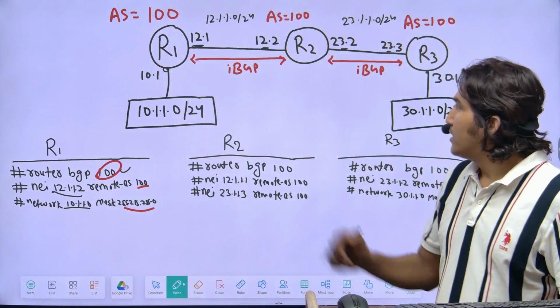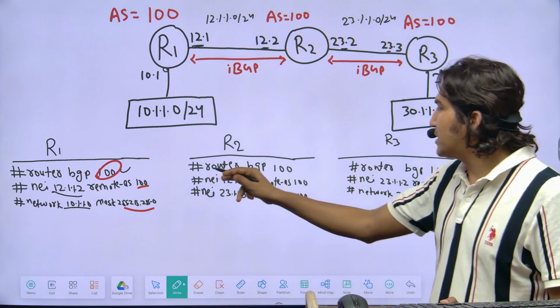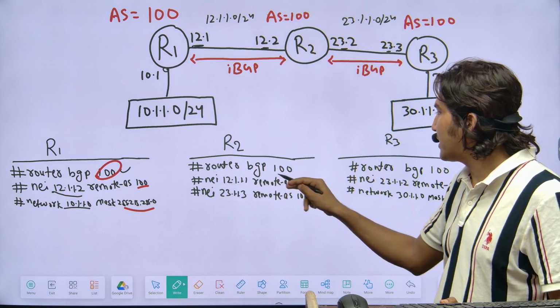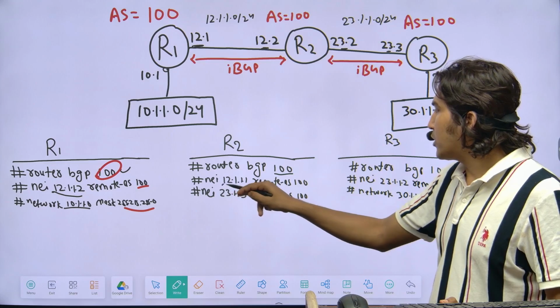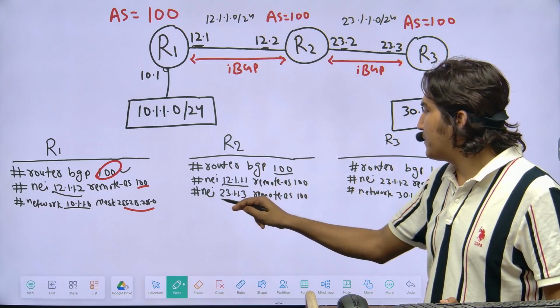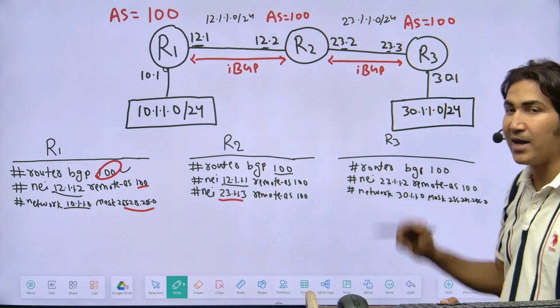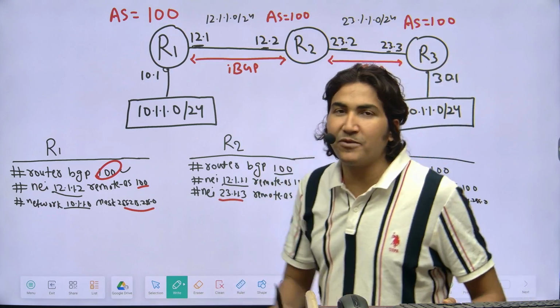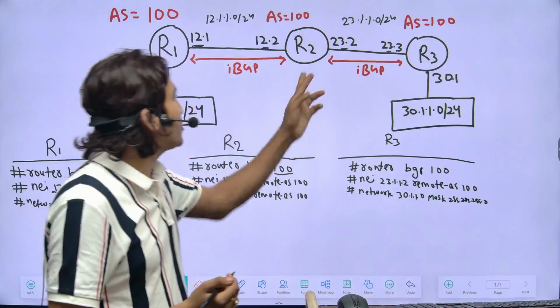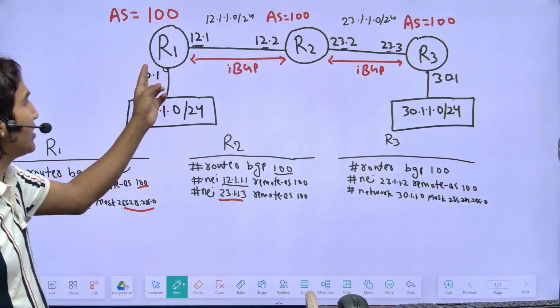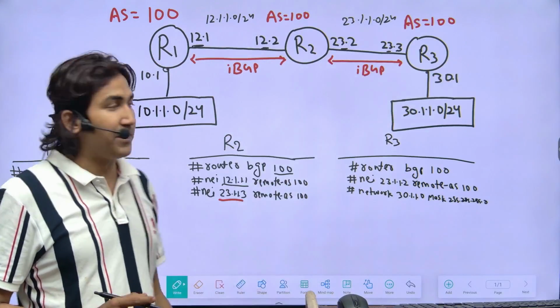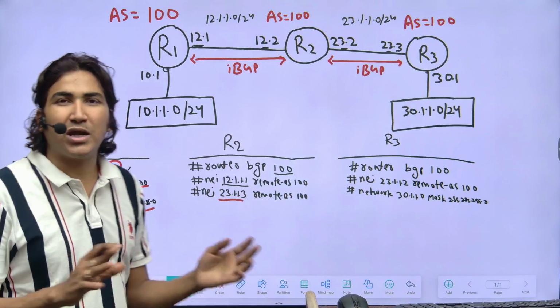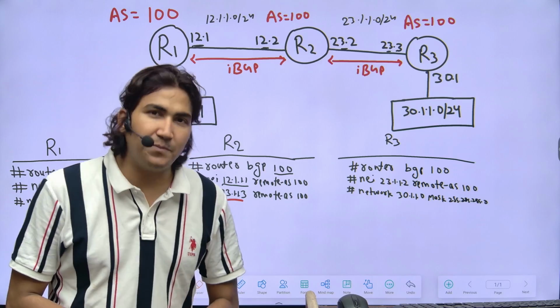So on router 1, if you check the BGP table, you will have the subnet 10.1.1.0/24. Then on router 2, you can see the BGP configuration: router BGP 100, neighbor 12.1.1.1 (R1) and neighbor 23.1.1.3 (R3). On router 2, I have defined two neighbor commands because there are two neighbors in BGP. But here on router 2, I am not advertising any subnet in BGP.